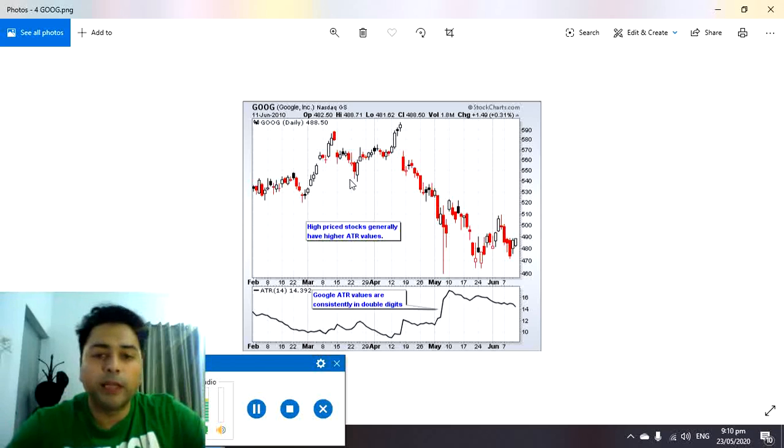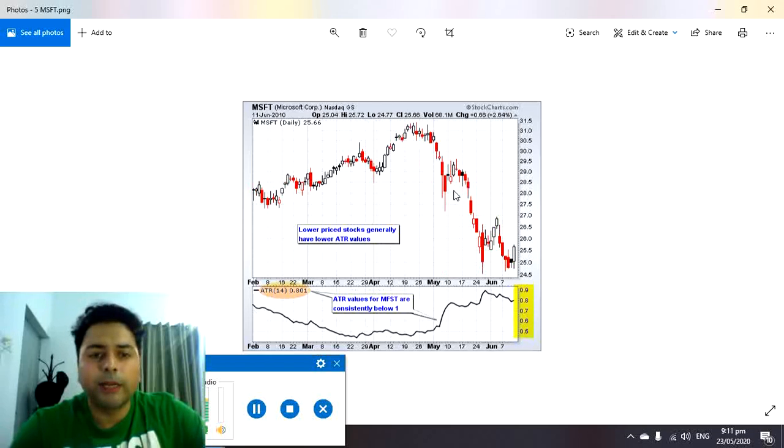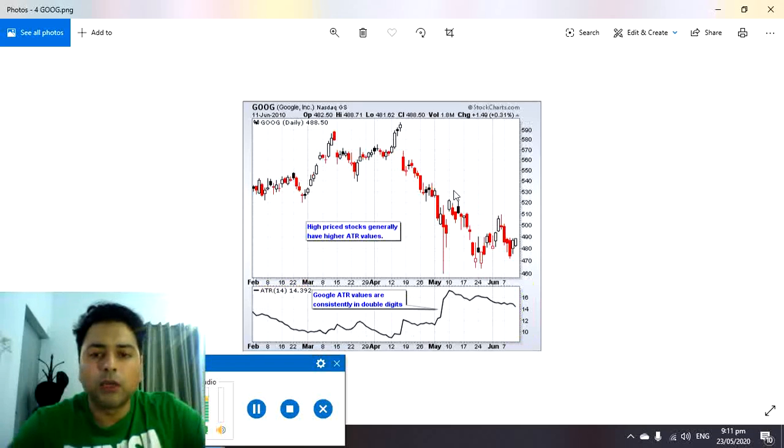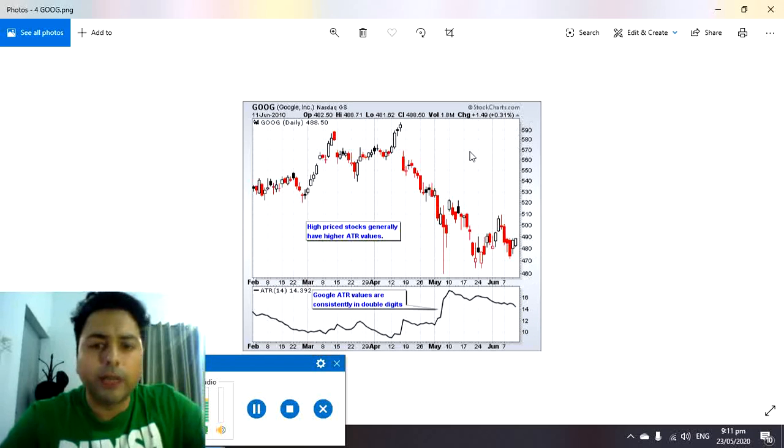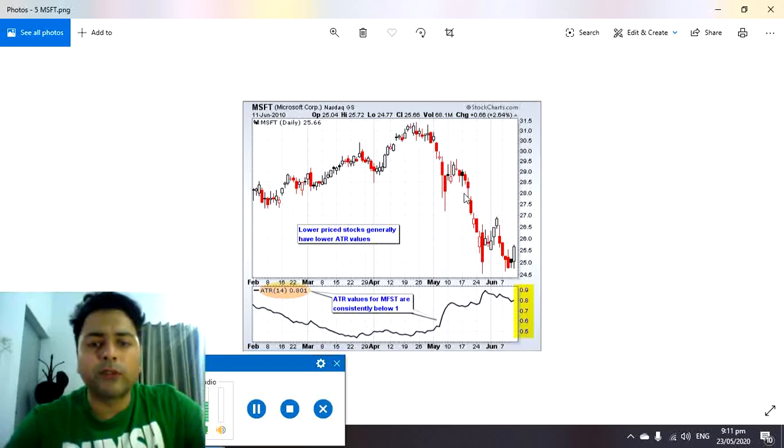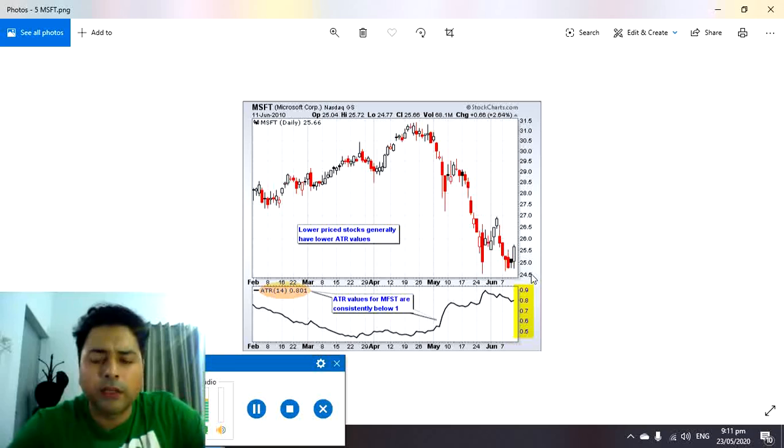As you can see from this Google and Microsoft chart, Google's price is very high in dollars. It ranges from 460 to 590 during this 6-month period. In the Microsoft chart, the price ranges from $24.5 to $31.5.